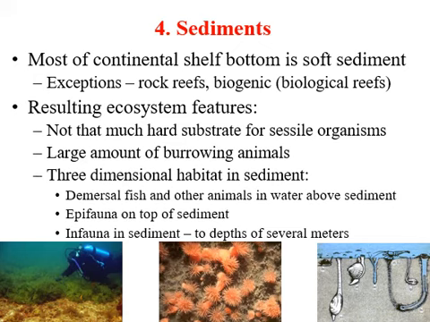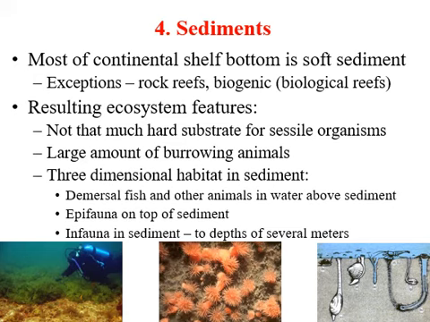So if you look around the continental shelf and look at the sediment type that you find there, most of it is soft. There's some places where there's hard sediment. There's rocks, or there's mollusks that have created reefs that are hard structures. Some places where the sediment doesn't settle that much because of strong currents.